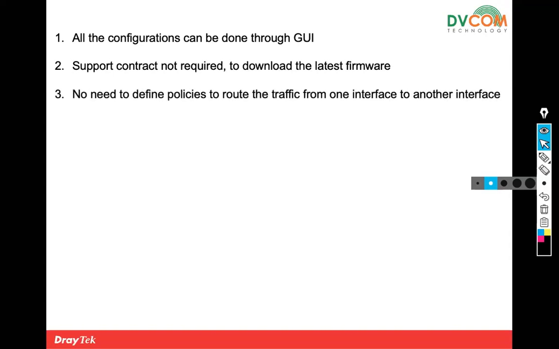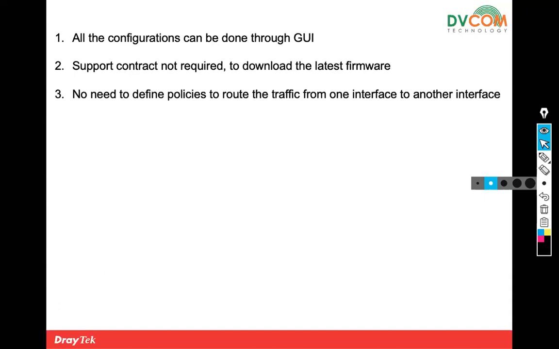The next one is that there is no need to define policies to route traffic from one interface to another. This is very important, guys, especially for the technical people here. With any other vendor, when you connect your LAN interface to the LAN zone and your internet to the WAN interface, you are not going to get internet.